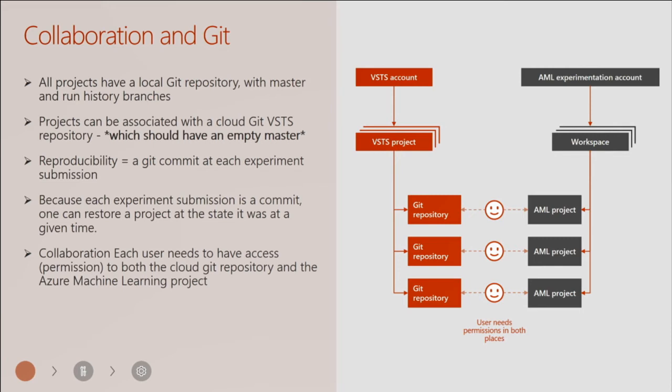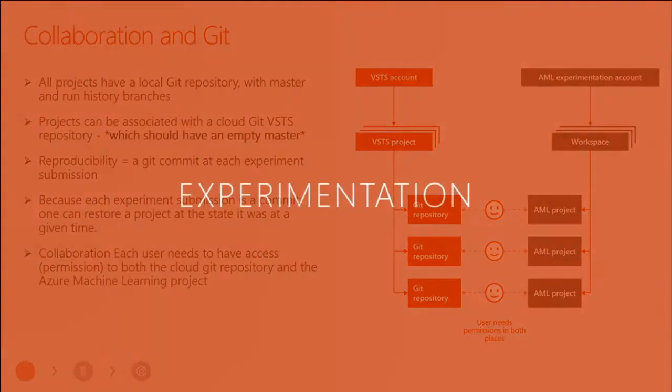I can work from home, I can work from office, and the project starts to roam. But it also is super helpful when I have to collaborate with someone, because all I need to do is make sure that the VSTS Git repository is something that Ahmed has access to, and I give him access on my side from the project, and add him in, and we're good to go. And so that's what I've done, and with that, I want to go ahead and hand over to Ahmed.